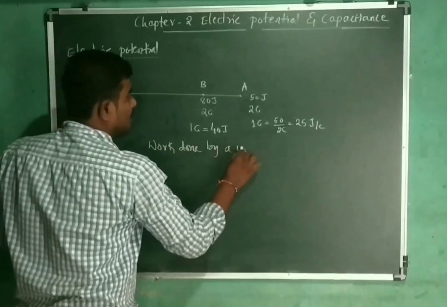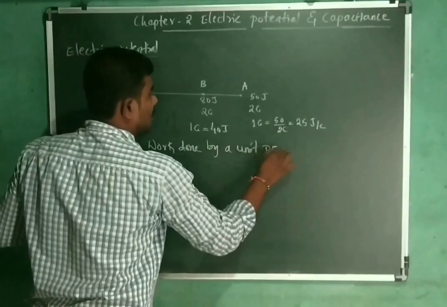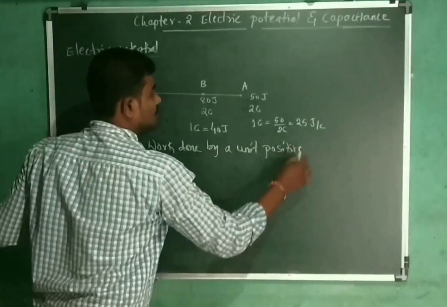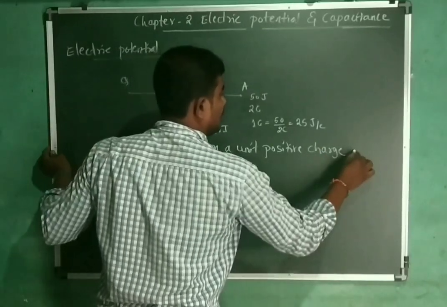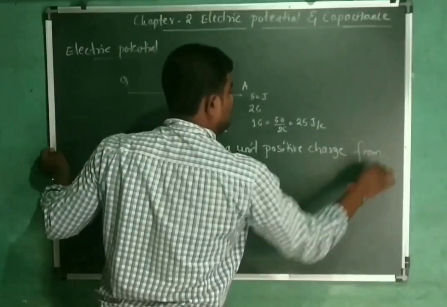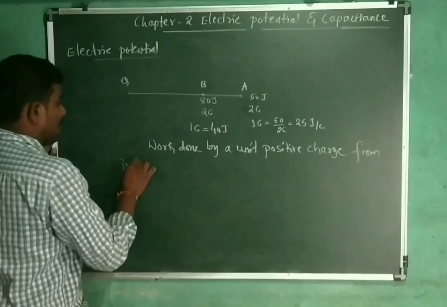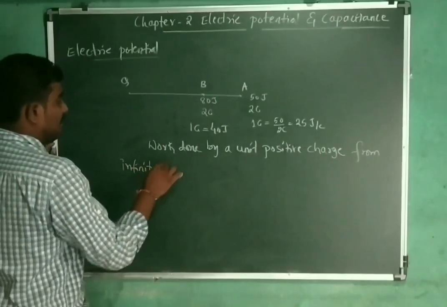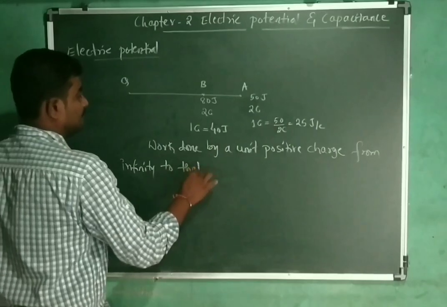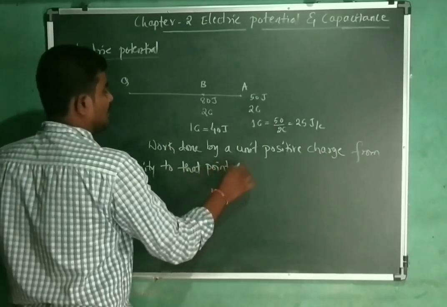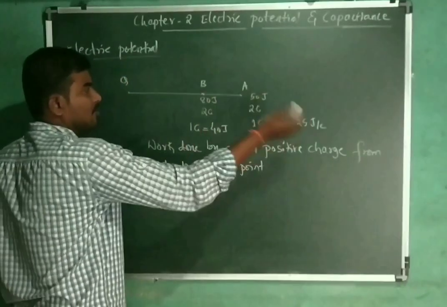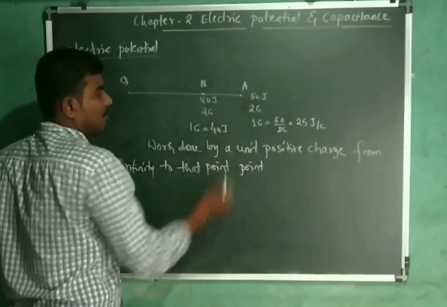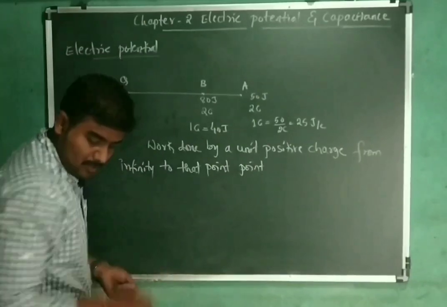So this work done by a unit positive charge from infinity to that point, at that point. Okay, actually infinity to that point or between the 2 points, you can call it as, no problem.